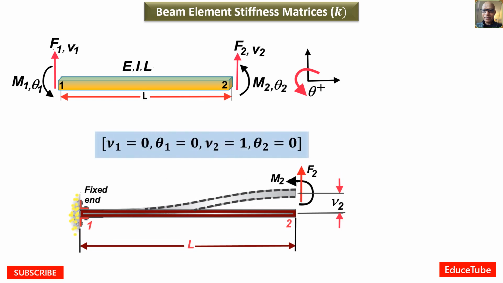Third column of the stiffness matrix, it is the set of forces and moments corresponding to the following displacement and rotations. Here this nu 2 will take 1 and all others will be 0, and this is the resulting deformed beam.